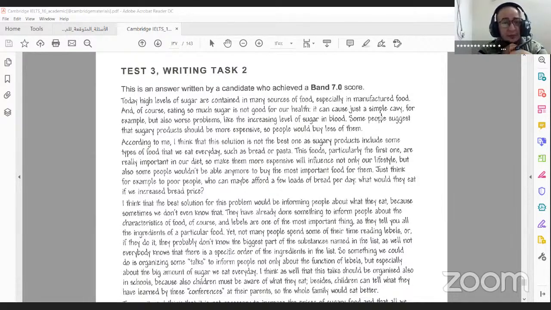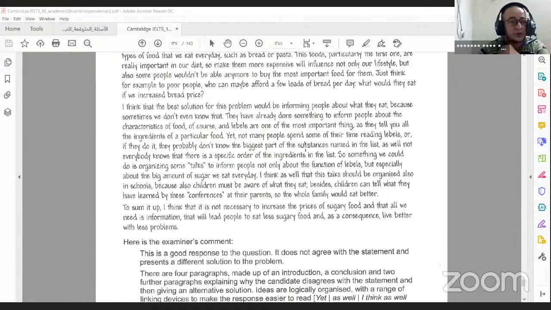So make them more expensive will influence not only our lifestyle, but also some people would not be able anymore to buy the most important food for them. Just think, for example, to poor people who can maybe afford a few loaves of bread per day. What would they eat if we increased bread price?